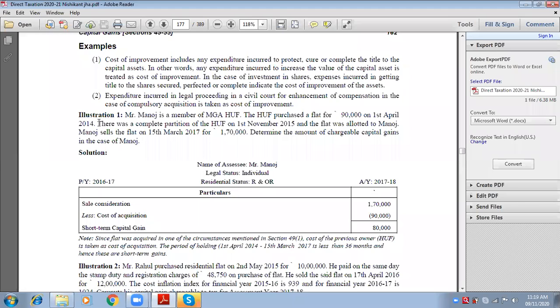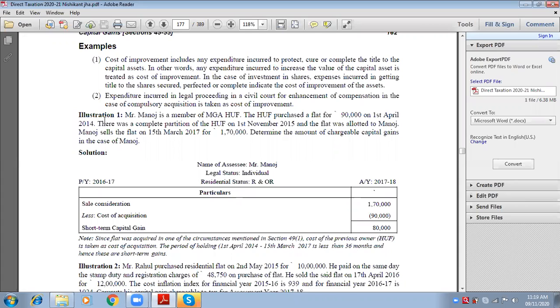Okay, now the period of holding. Before even starting your solution, the first step is to think in your mind whether it is short term or long term. Because if it is short term, then CII will not be available and is not to be used, and if it is long term, CII will be used. So before starting your solution, you have to think about the period of holding.